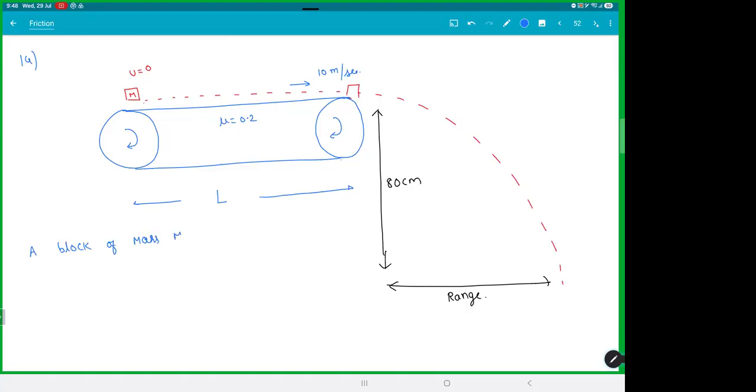A block of mass M is gently placed on a conveyor belt moving with a speed of 10 meters per second. You just drop it on top of it. The block slides on this, leaves the belt, and falls on the ground.